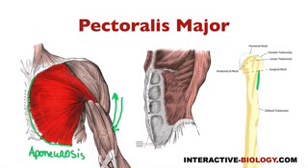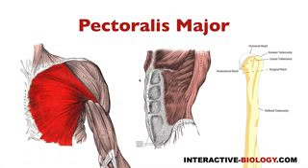Now, if we take the entire pectoralis major as a whole, what that does is it adducts the humerus. So if the arm is abducted, if it's in this direction and that muscle contracts, it's going to cause adduction, and move that arm back towards the trunk.